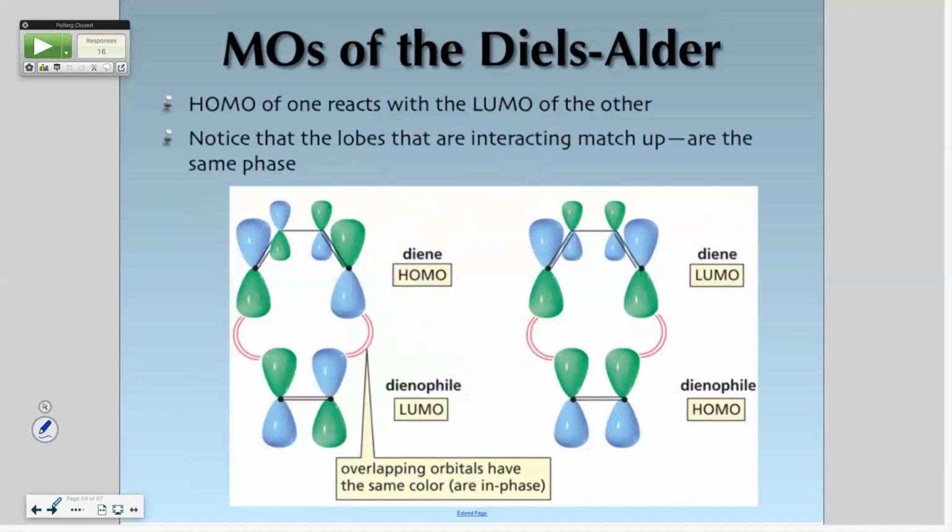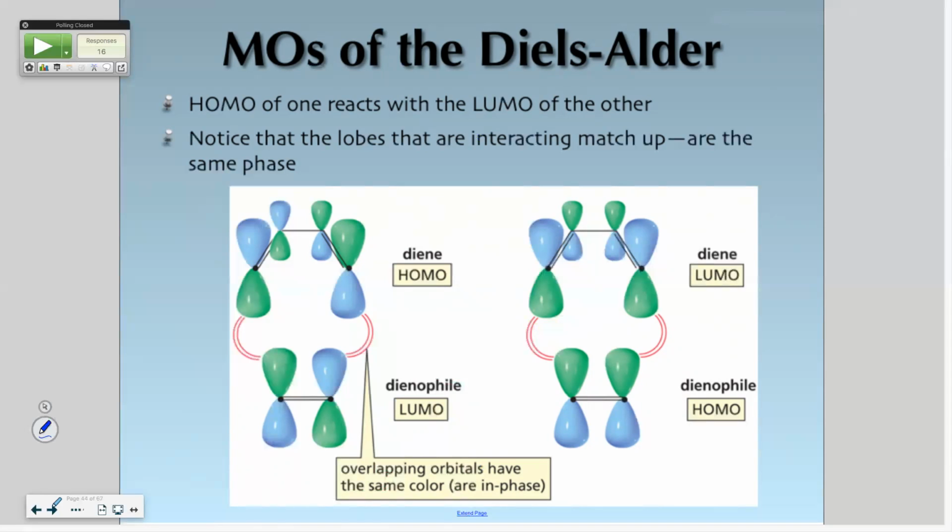Okay. Now, the whole reason we did this was to get to this. The Diels-Alder. The highest occupied molecular orbital of 1 molecule, the HOMO of 1 molecule, is going to react with the LUMO of the other. Notice that when this is the diene system, this is the highest occupied molecular orbital.